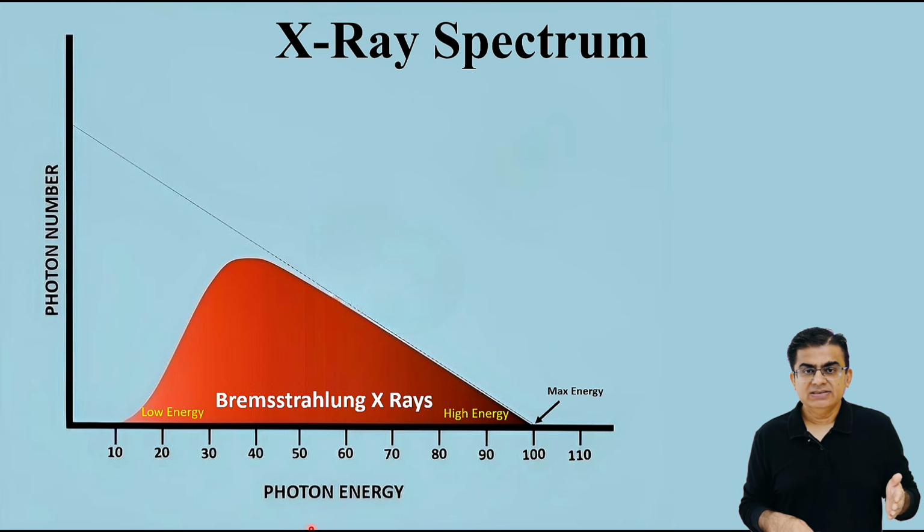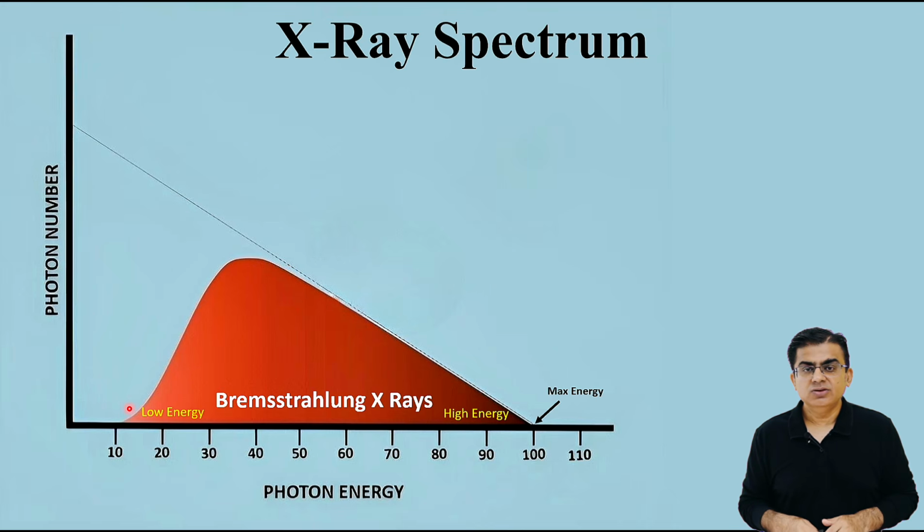On the horizontal axis, you can see the photon energy. This smooth red curved shape perfectly represents our filtered Bremsstrahlung radiation. Notice how the curve starts from the low energy side on the left. The weak X-ray photons are missing here because they have already been safely removed by the filter.